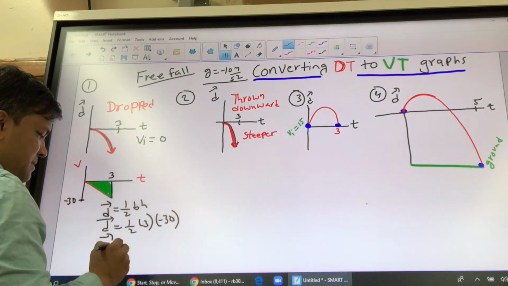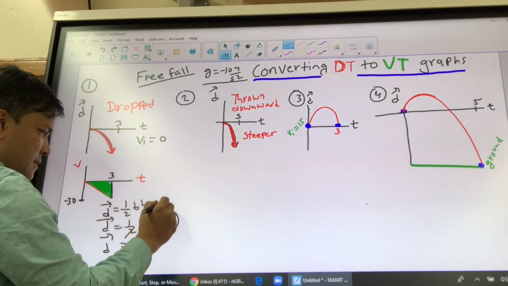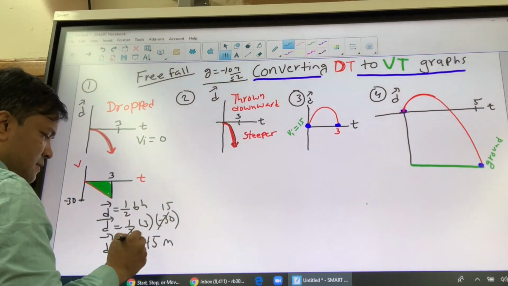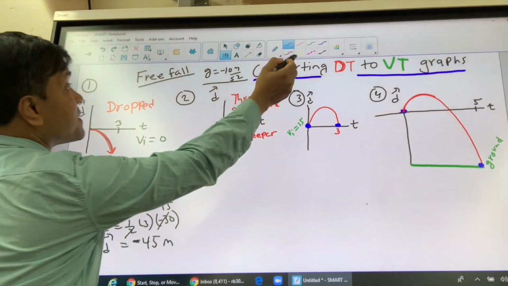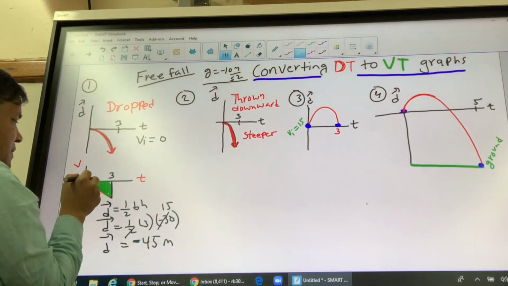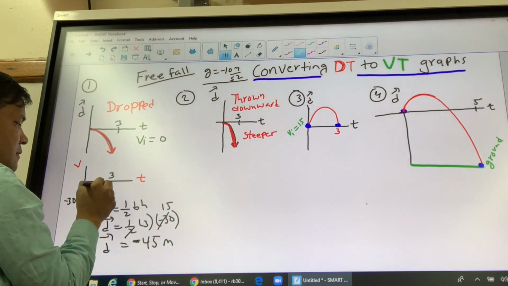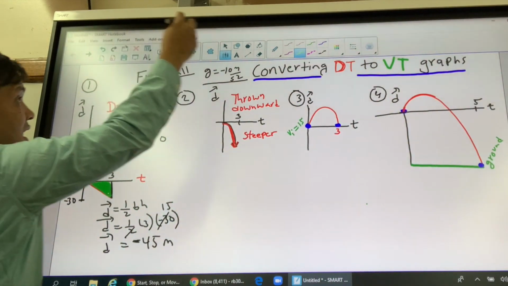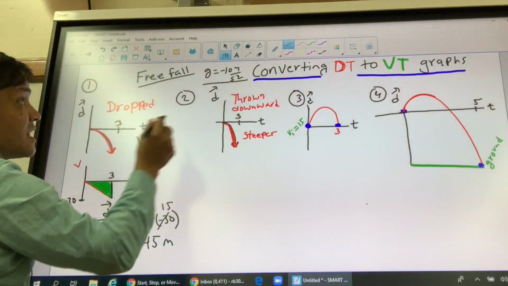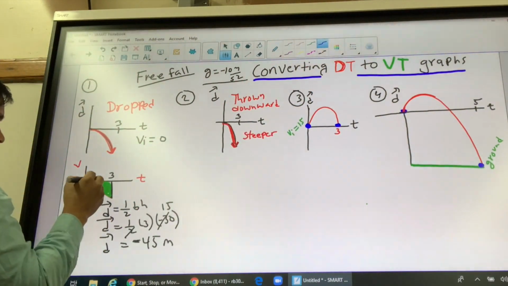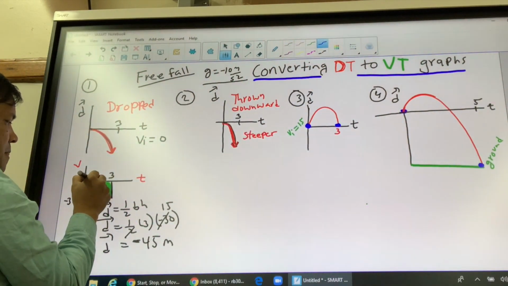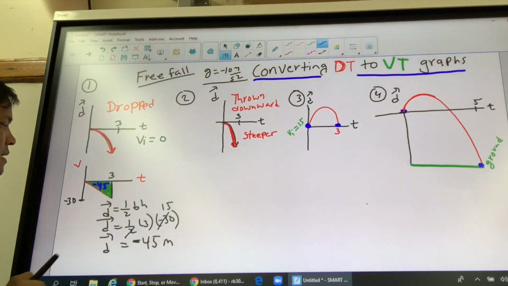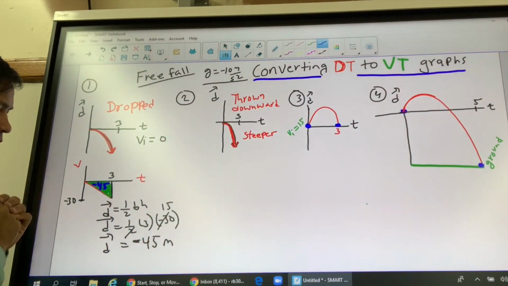So the displacement is -45 meters. Displacement is -45 meters.